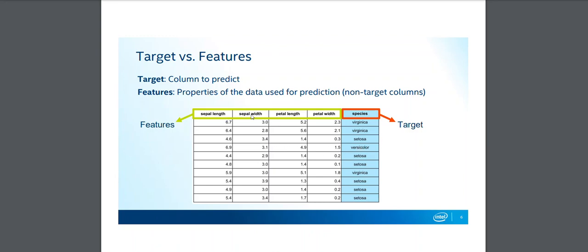So we call these features, and we see them as columns in data frames in Python. We see them as columns in databases. But in data science, we call these features about the different rows or records.